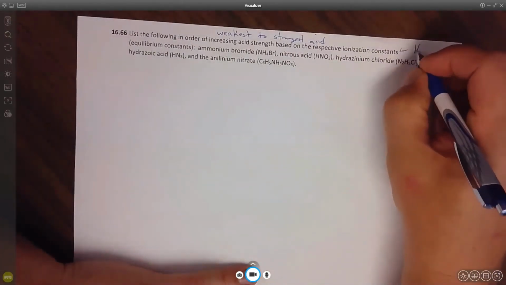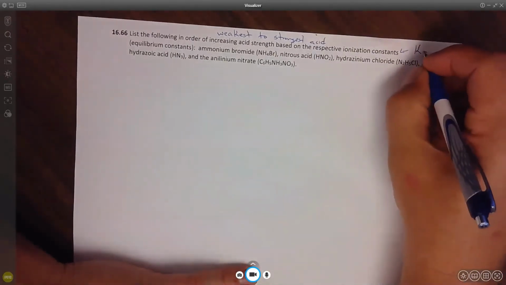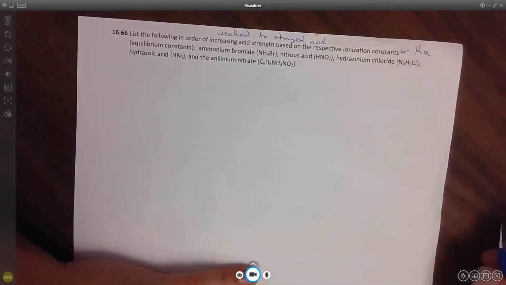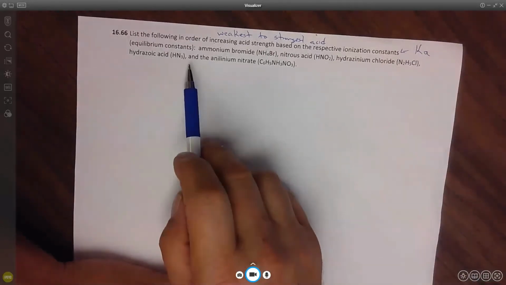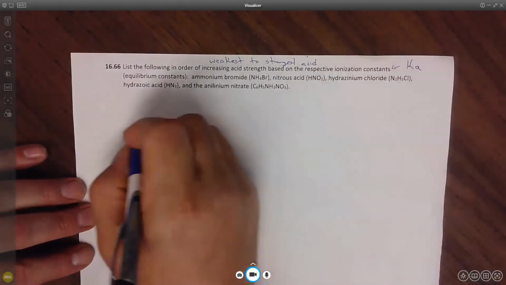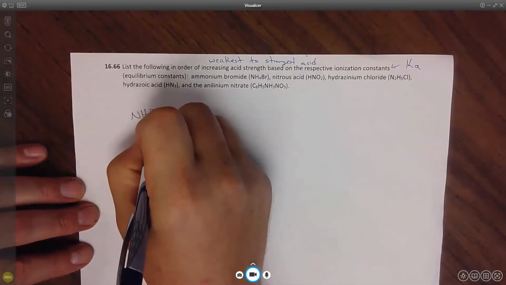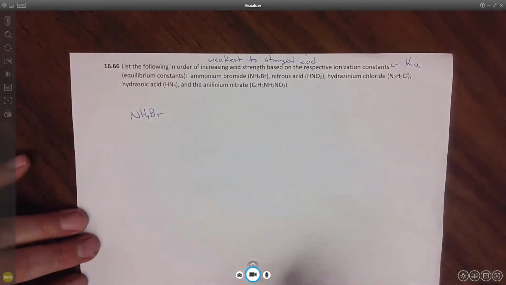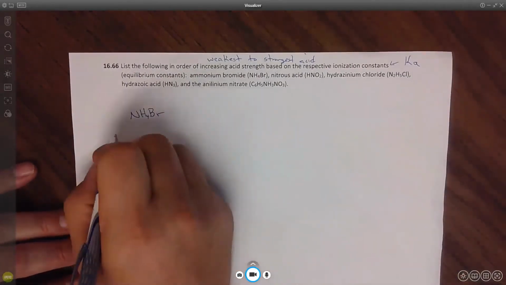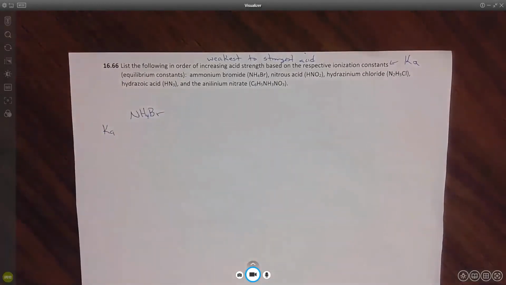So in other words, the K values, and so we're talking about acids, we must be talking about the Ka values. So we got ammonium bromide, and I need the Ka value for ammonium bromide. So the Ka value.